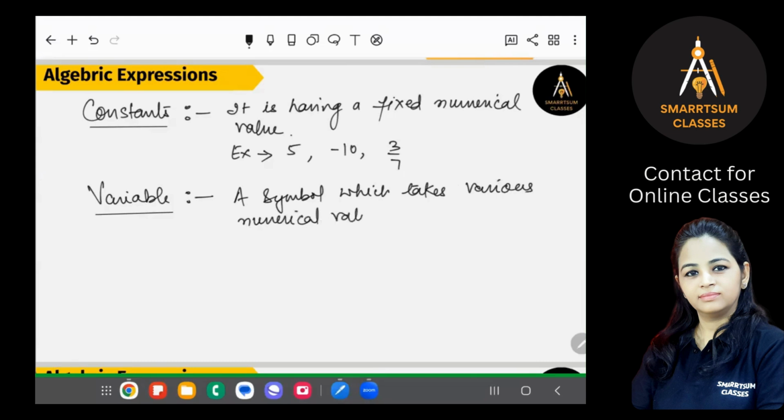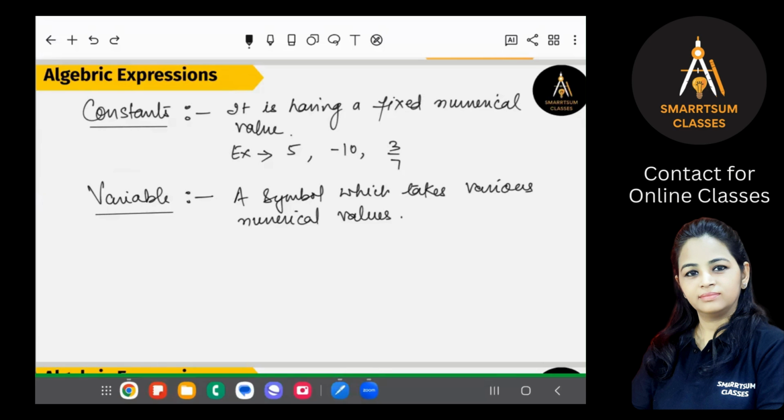What does it mean? That its value is not fixed, right? What is the meaning of the word variable? Something which is changing, something which is varying. So a variable is a symbol which can have any value. That means its value is not fixed, and that is called a variable.